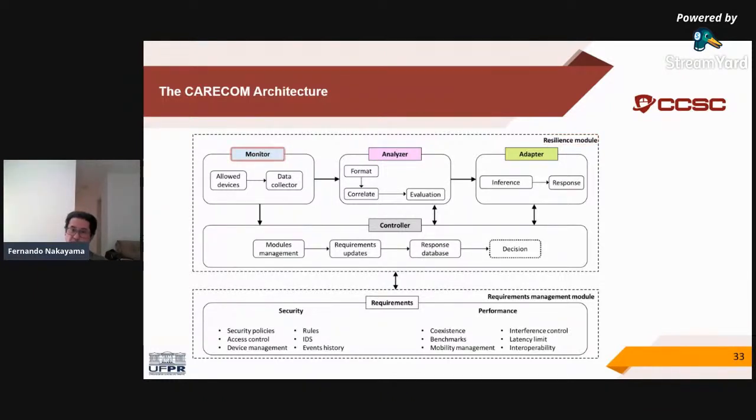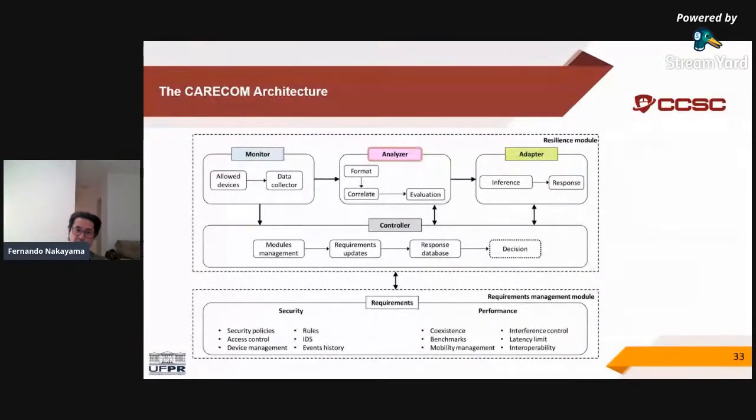The monitor component collects data and identifies the status of individual elements, such as sensors, devices, data links, and network assets. It is also responsible for monitoring and identifying events, such as the inclusion of new devices.